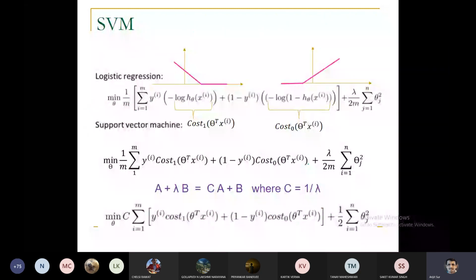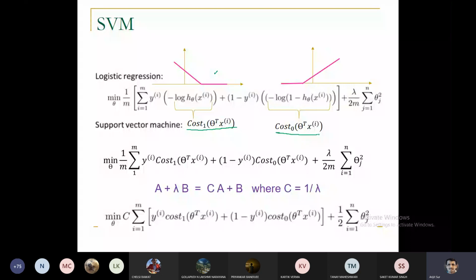Now you see, from logistic regression, what is this? That was minus log of h theta x, y. If we use this approximation, this part becomes cost 1 of theta transpose x_i, and when y is equal to 0, this part becomes cost 0 of theta transpose x_i.